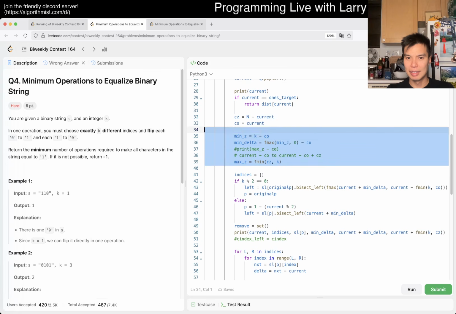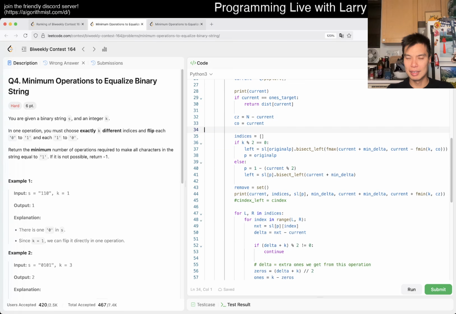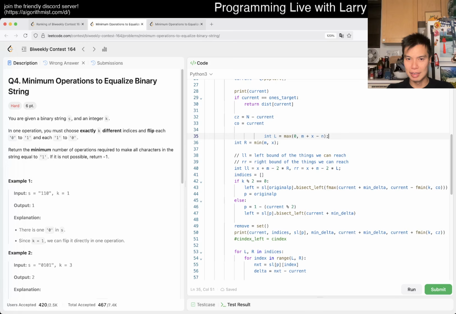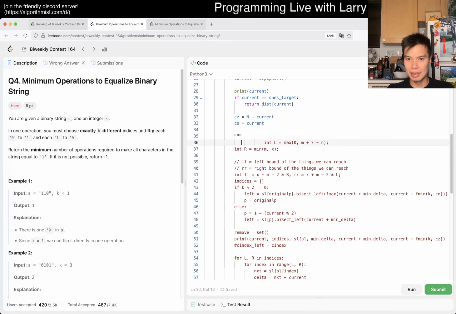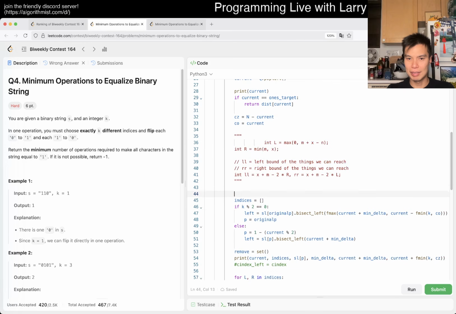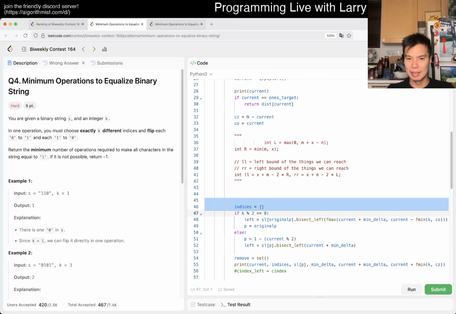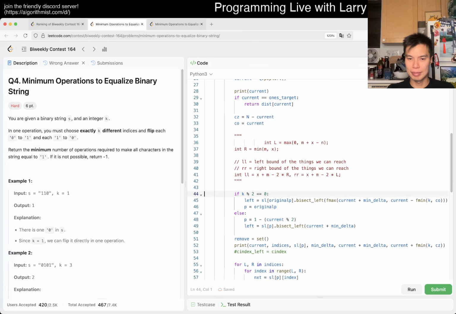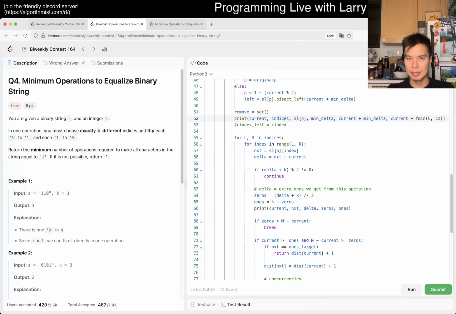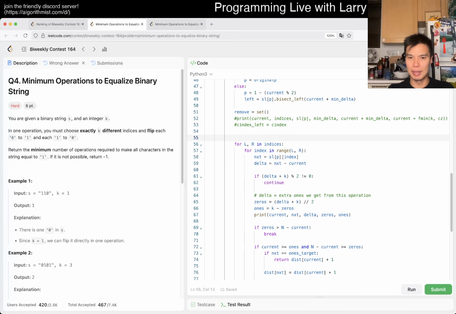All right. So we have this thing. We can say while index is less than, while true, you can actually probably do it this way.